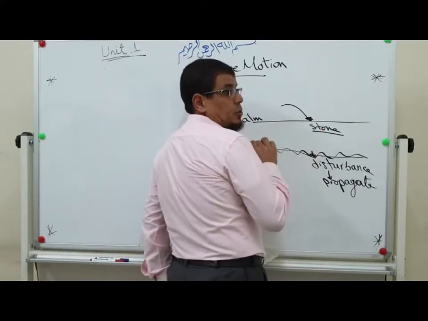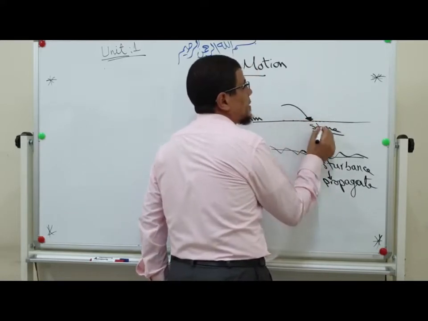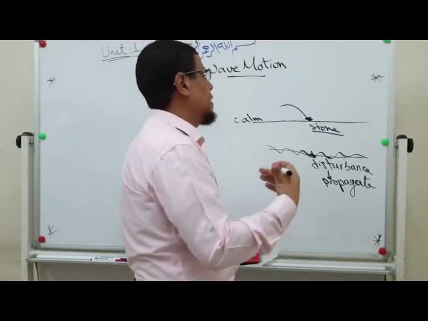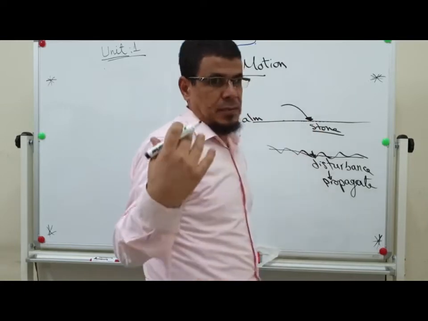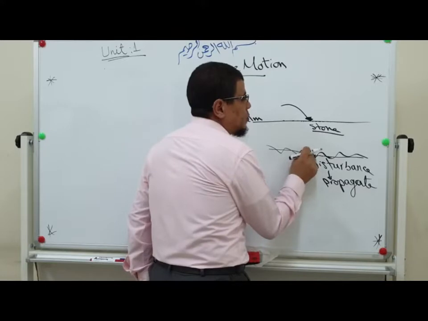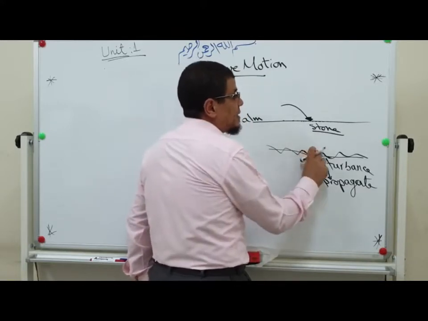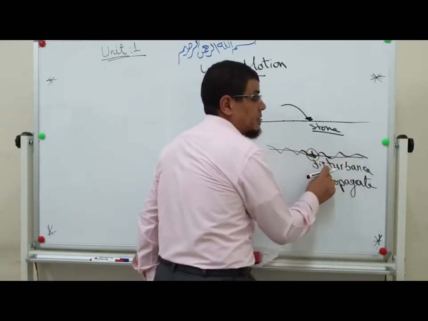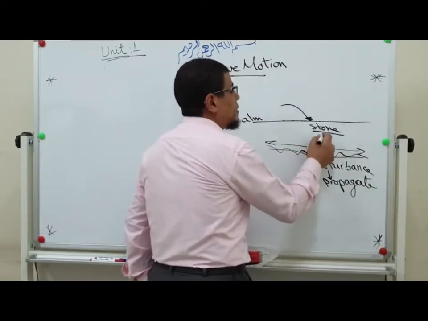Before you throw the stone, this surface was calm and the particles were not moving, so you can say that their kinetic energy was minimum, approximately 0. Here, they start to vibrate up and down, so they get energy. And this energy does not stay here. It is carried by this disturbance in all directions.